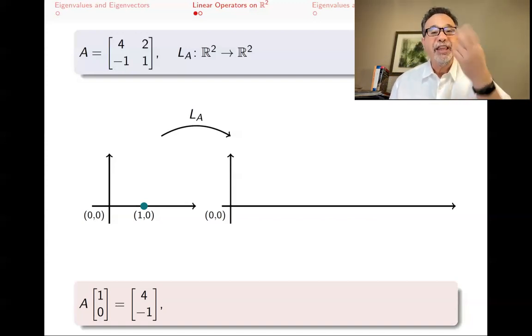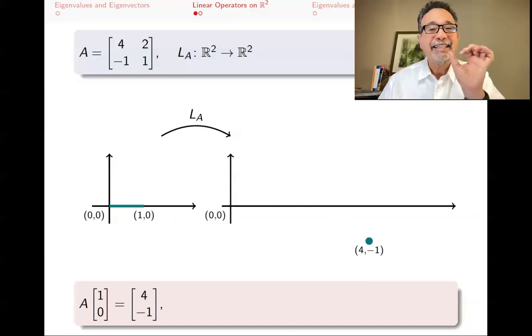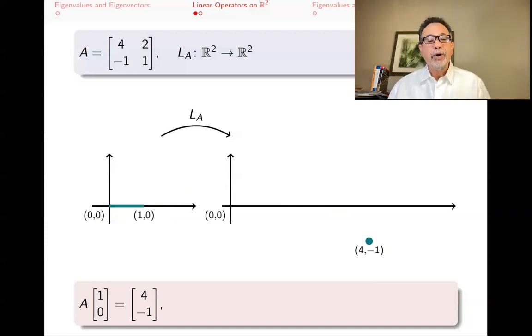So the way we want to think about that is that L_A is sending the point (1, 0) all the way to the point (4, -1). Similarly, if you look at the line segment between the origin and (1, 0), the whole line between that, where does that go?